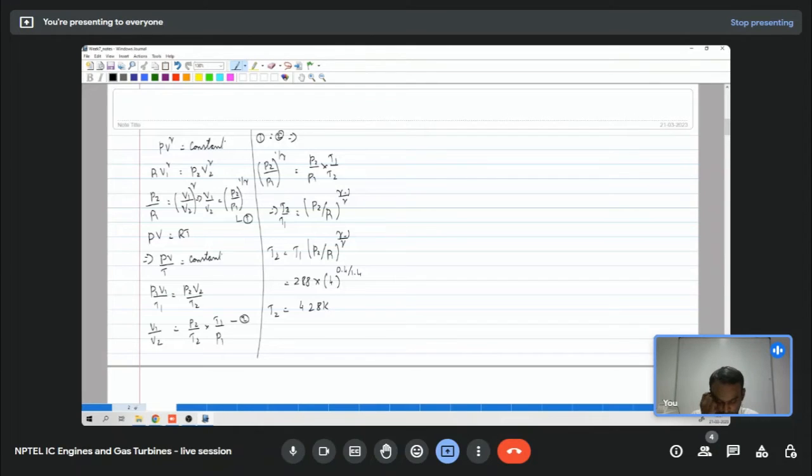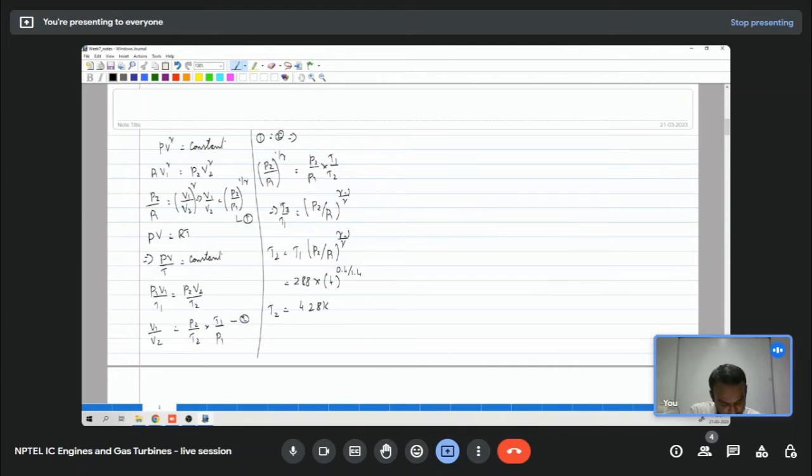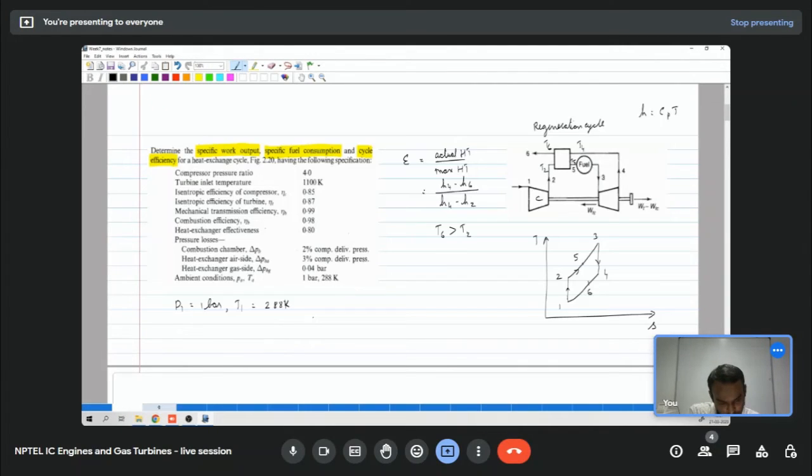I think we will be told that there will be some losses. Yes, so the isentropic efficiency of the compressor is 85%. So whatever we have calculated will be the isentropic value, and now we need to have the actual temperature.